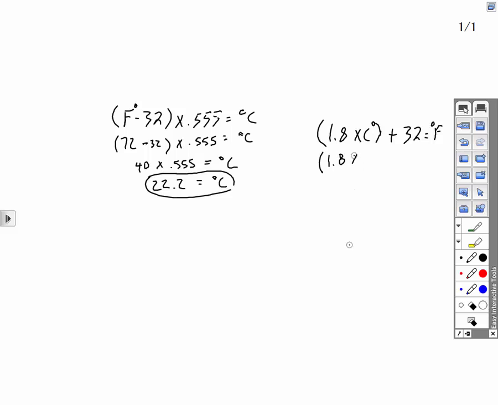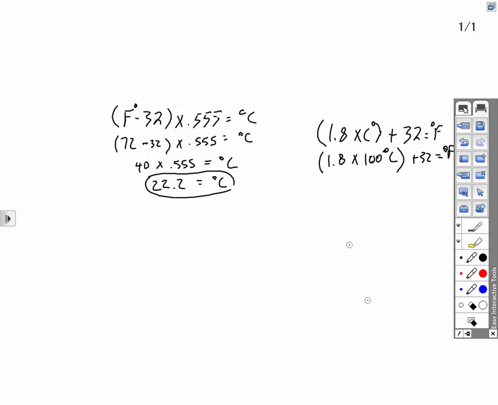So let's just arbitrarily, this will make this easy on ourselves, say that we're going to call it 100 degrees Celsius. And obviously we're going to solve that first before we add 32 to that, and then that'll give us degrees Fahrenheit.